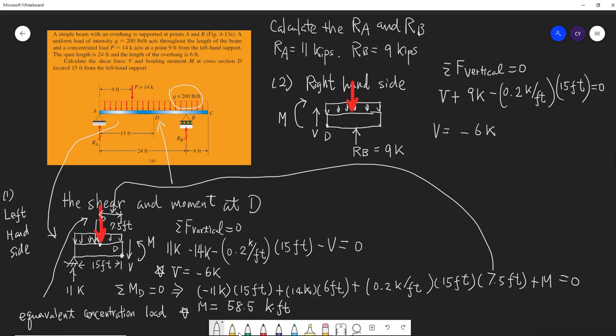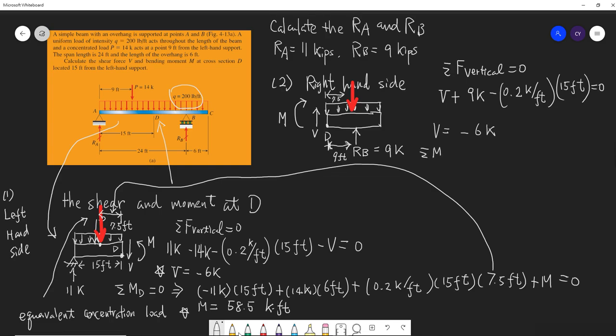So the distance to D is also 7.5 feet. And the reaction B to D, the distance should be 9 feet.